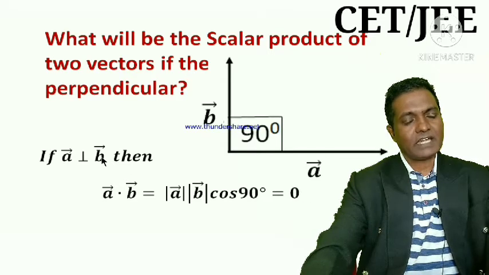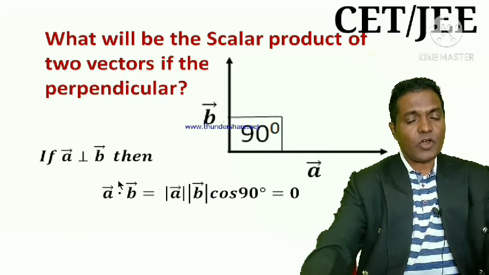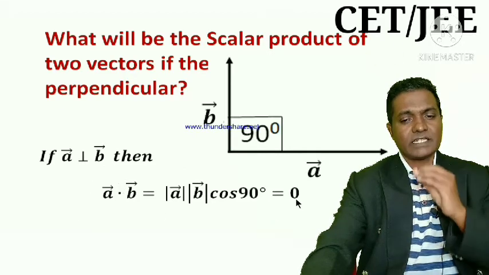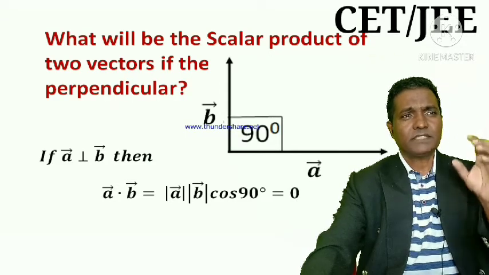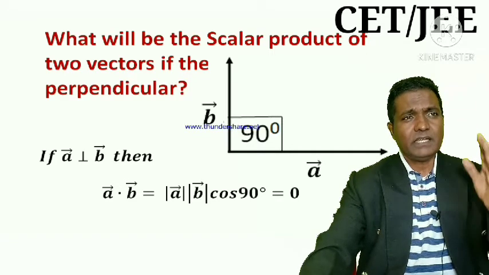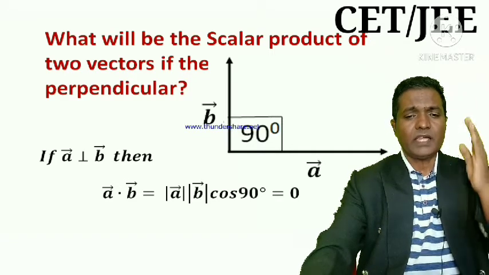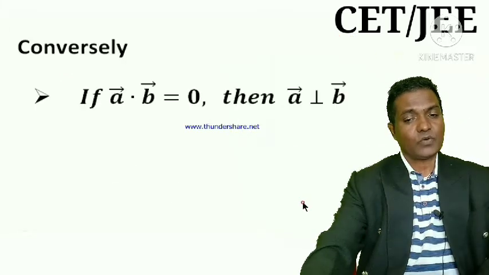Whenever two vectors are perpendicular, you can immediately write their dot product as 0. Very important. If somebody says that vector A and vector B are perpendicular, it should immediately flash in your mind that their dot product is 0.